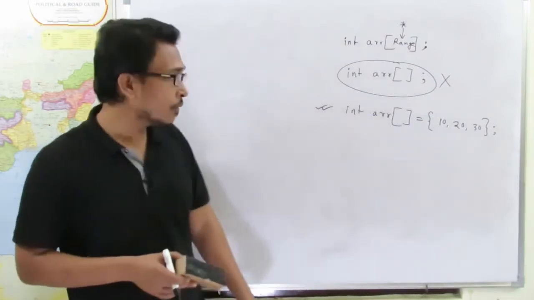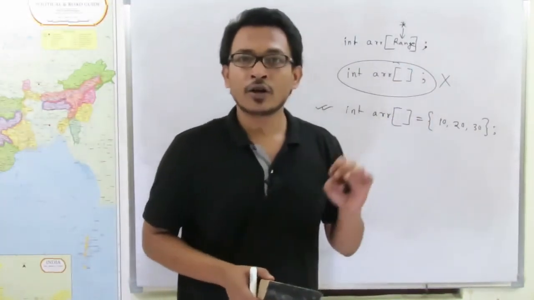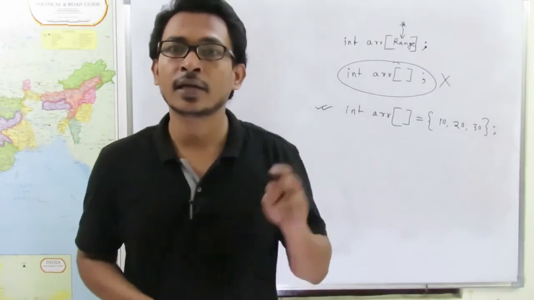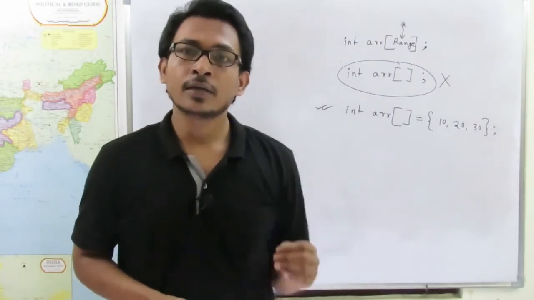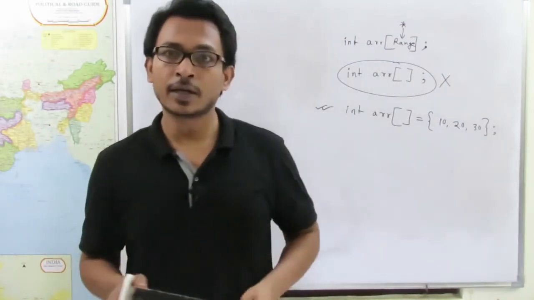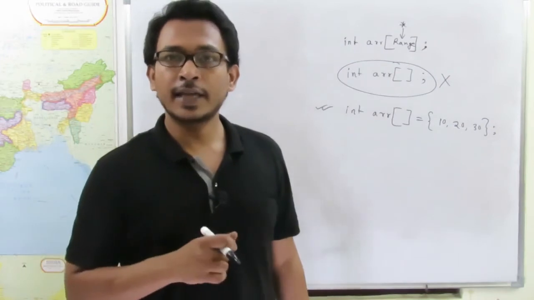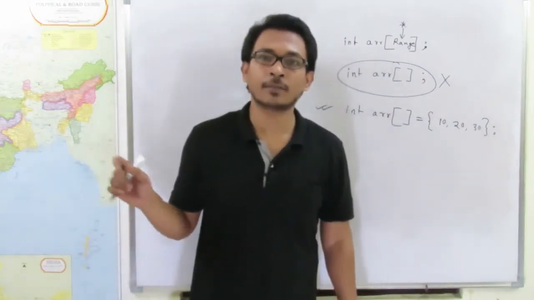Clear? So in this case, when we initialize, the range value is an optional value. We can declare the array without specifying the range, but the system internally takes the value of range from the initialization part. Clear?